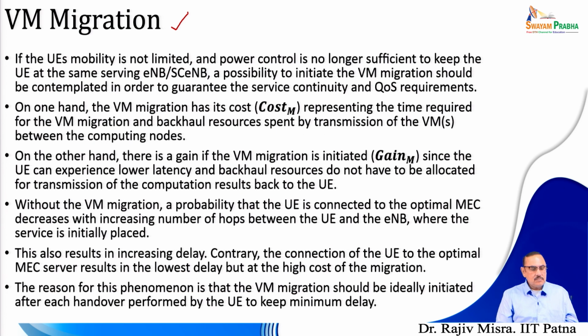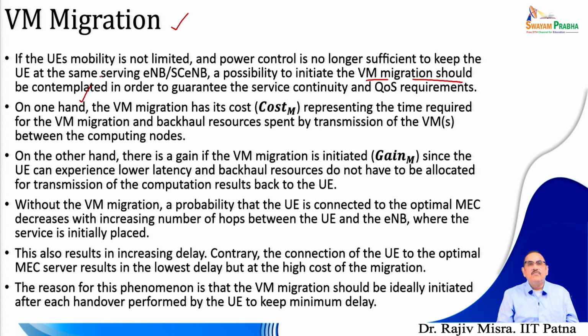VM migration. If the UE's mobility is not limited and the power control is no longer sufficient to keep the UE at the same serving ENB or SCENB, a possibility to initiate the VM migration should be contemplated in order to guarantee the service continuity and QoS requirements.